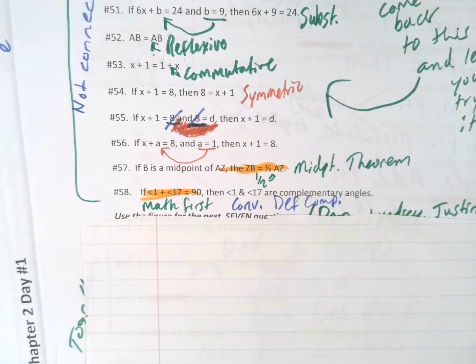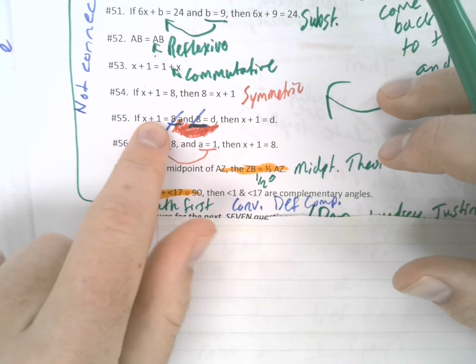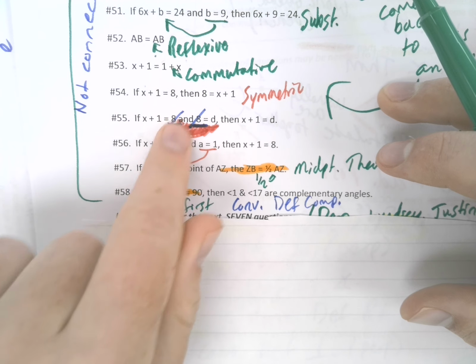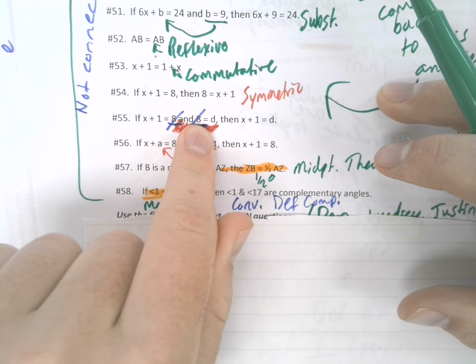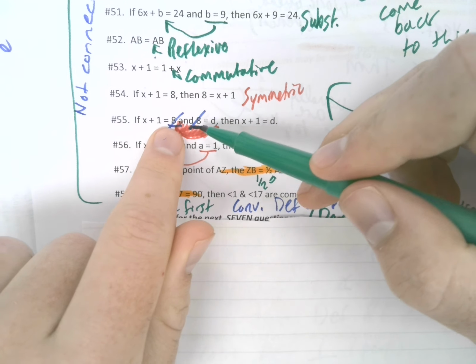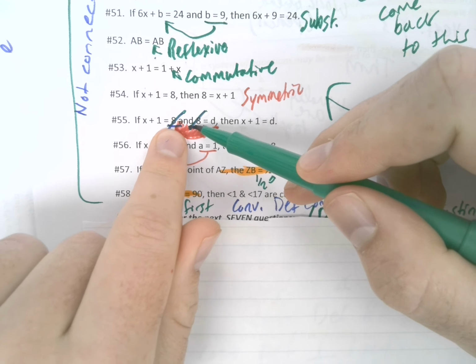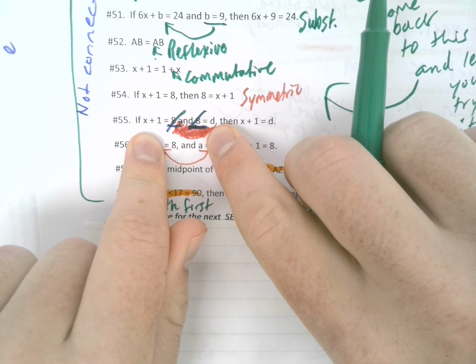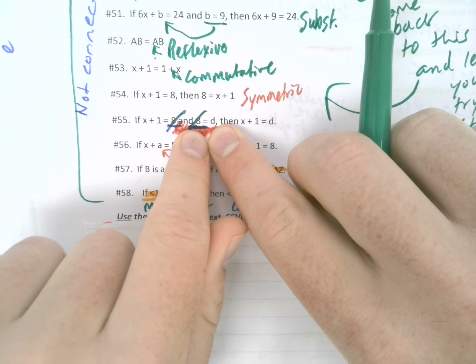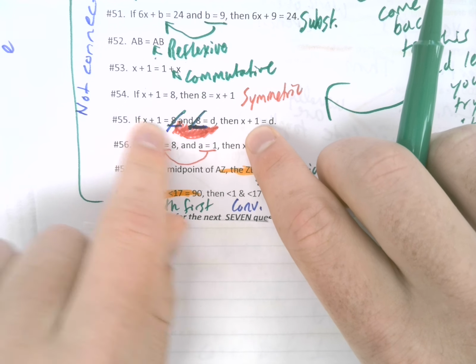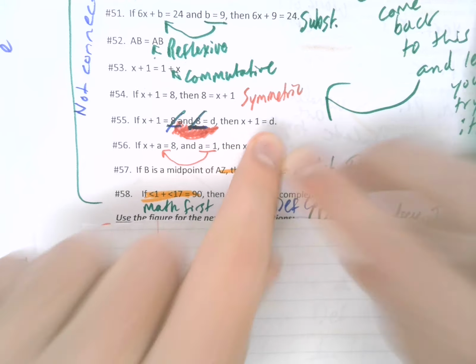And then the one I was worried about is 55 and 56. I almost made this mistake, guys. If x plus 1 equals 8, so that's our total, and our total is really equal to d, then we can say that let's cut out these totals and set one side equal to the other side. We can say that if x plus 1 equals 8, and 8 is really equal to the variable d, then x plus 1 is really just equal to d.